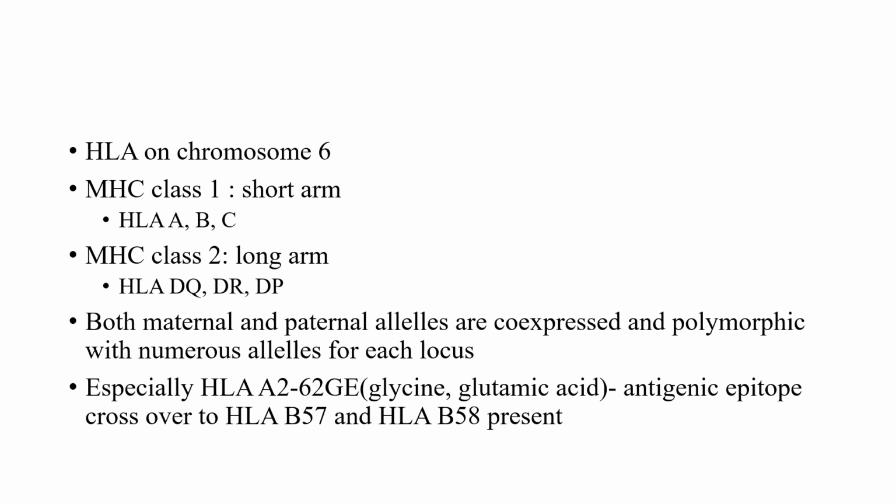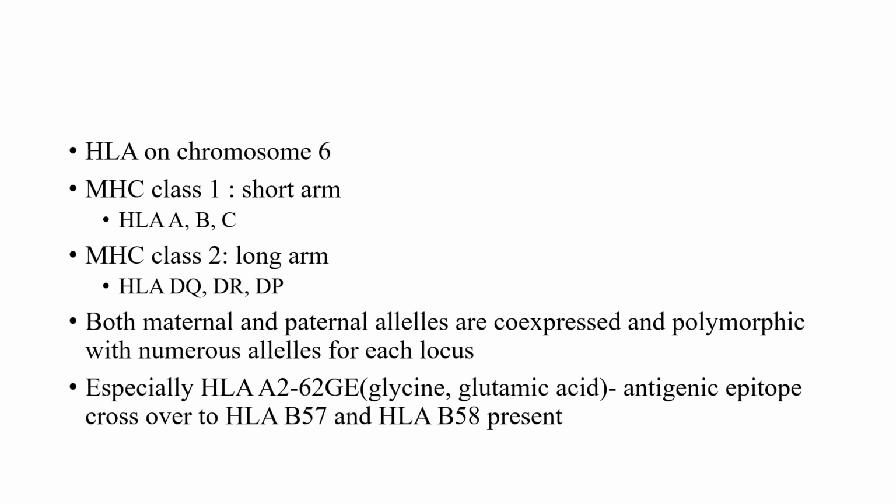Another important thing is that this 62G, the same antigenic epitope, can be present in B57 and B58 by crossover. So if we first transplanted with a match at A2, and the graft got rejected, and a second time we got another donor where the 62G is matching at A2, but we haven't checked it at B57 and B58, there can be an antigenic epitope there also because of this crossover.